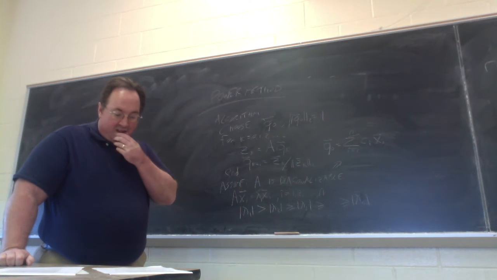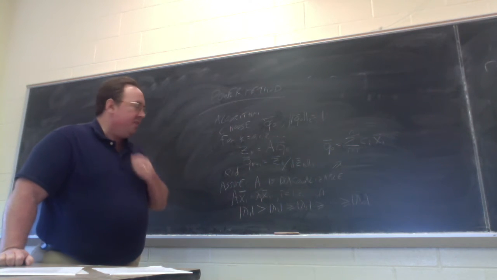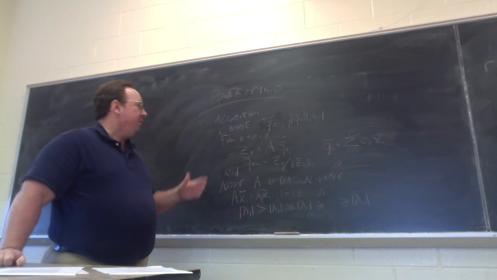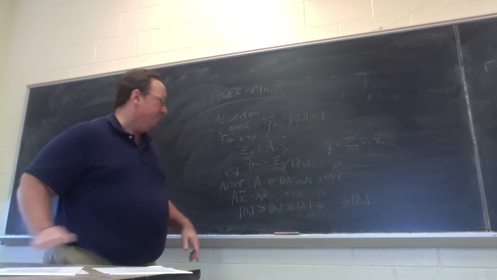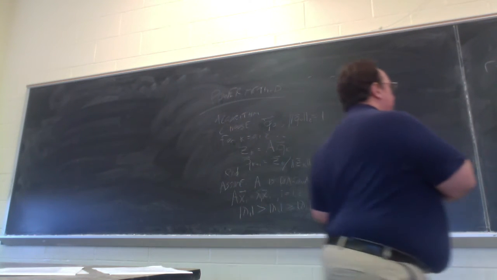So now that we have this representation of Q0, we want to take a look at what Q_k looks like after we performed k iterations.